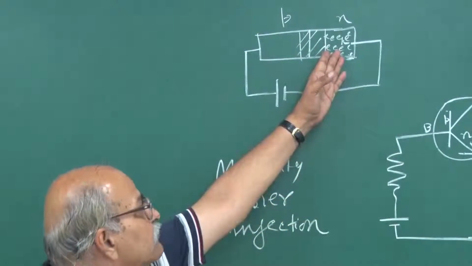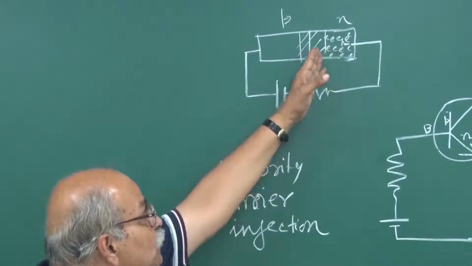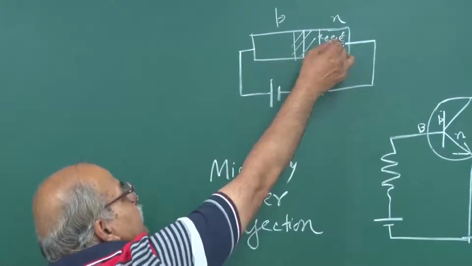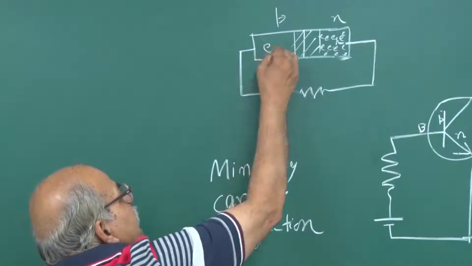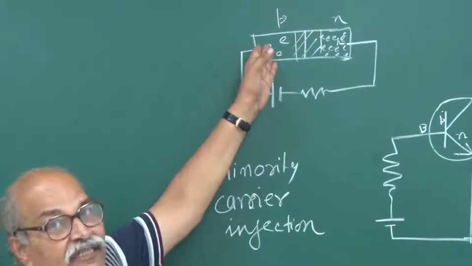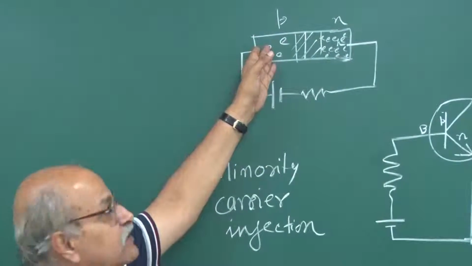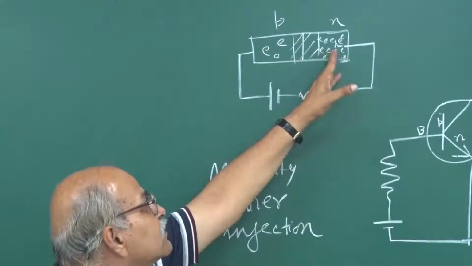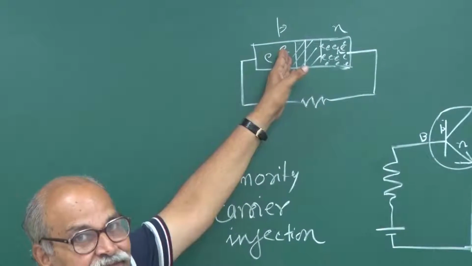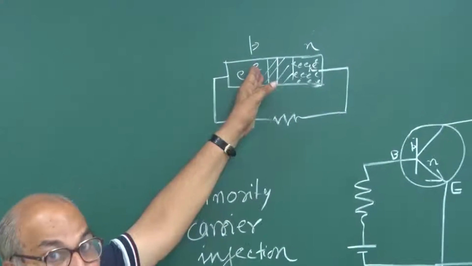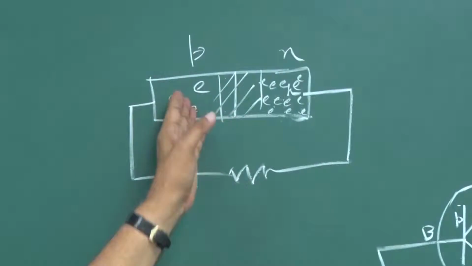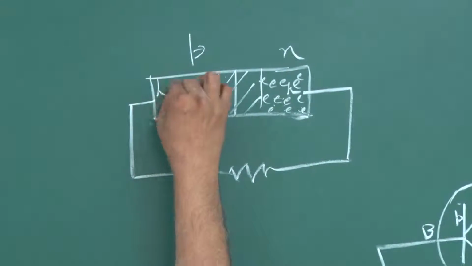Because here they are majority, but when they diffuse through this depletion region and come to this side, if these electrons come to this side, they are minorities. This is P side. Electrons are minority carriers. So, a lot of minority carriers are injected from this N side into this P side. And what do these electrons do? Here you have large number of holes.